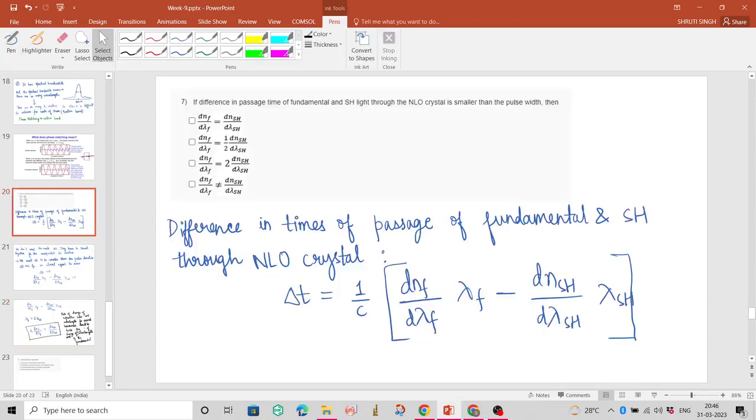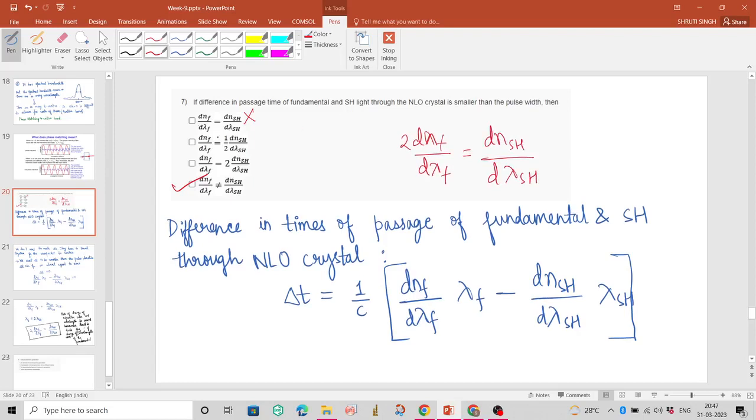So let's see what's given in the options. It's given dnf by d lambda f is equal. So we didn't get the condition like that. It is not equal, so it is unequal. Correct? So this option will be true. And now we have to see the factor. We got the expression 2 dnf by d lambda f equal to dnsh by d lambda sh.